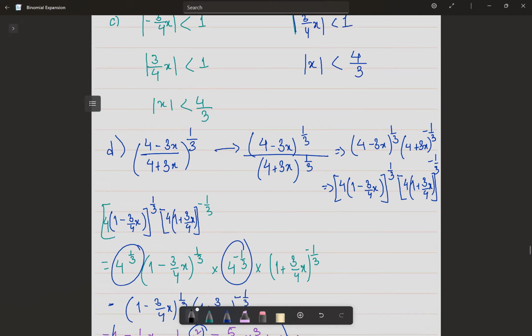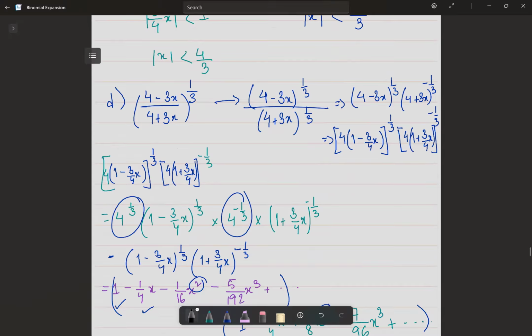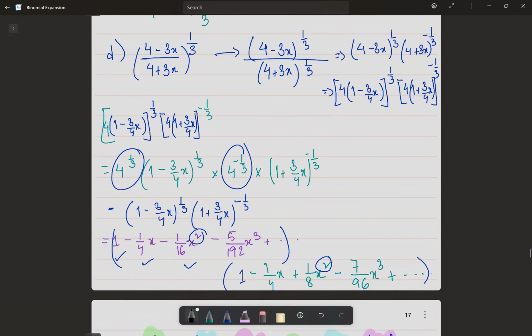So we took 4 common, multiplied the numbers, and they cancelled each other out, where we got 1. We do not write the 1 in here. And then we had the two expansions multiplied, which we have already found out in parts A and B.